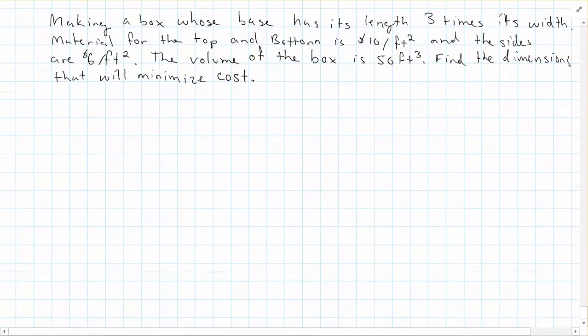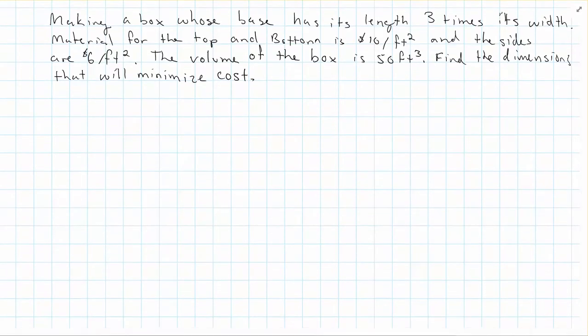Alright, so this one, I think, has a lot of things going on here, and so we have to be a little bit more careful on this problem. So first off, we're making a box, and I will go ahead and try and draw a box here.